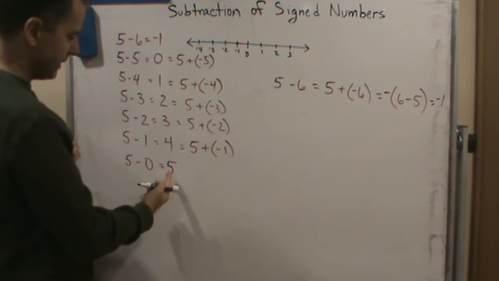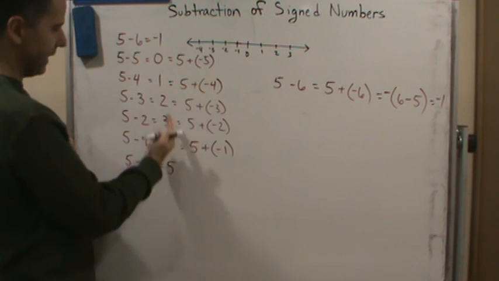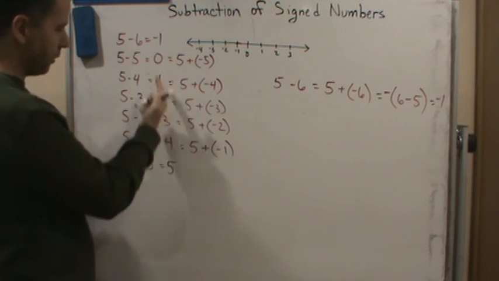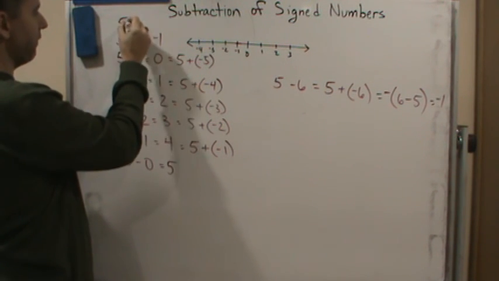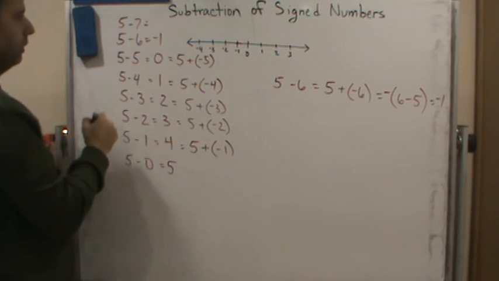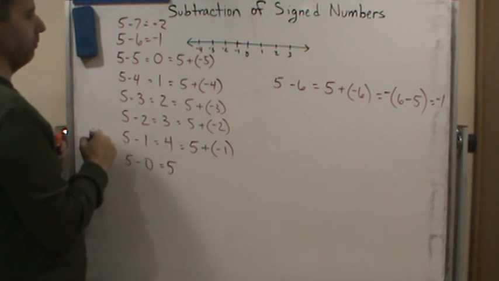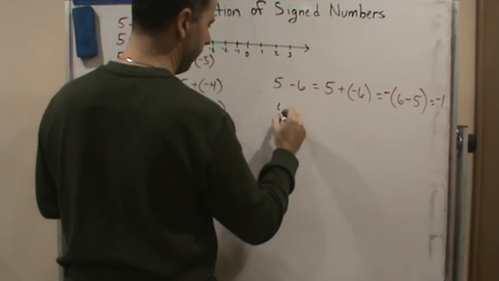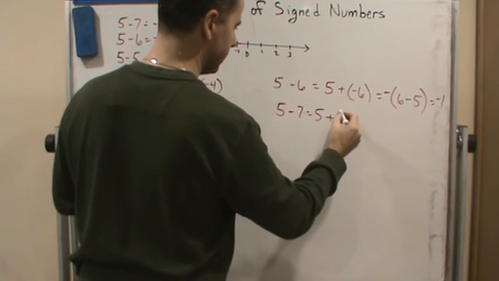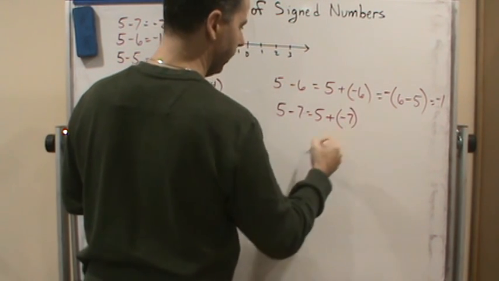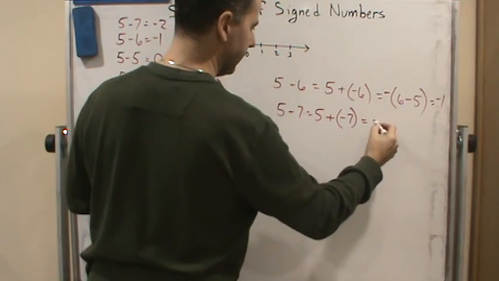So it's getting smaller and smaller, right? It's getting less, it's decreasing. So it's going down. So guess what? What do you think 5 minus 7 is going to equal? Negative 2. And again, we can verify that. 5 minus 7 is equal to 5 plus negative 7. Then we can use our rule and we get negative 2.